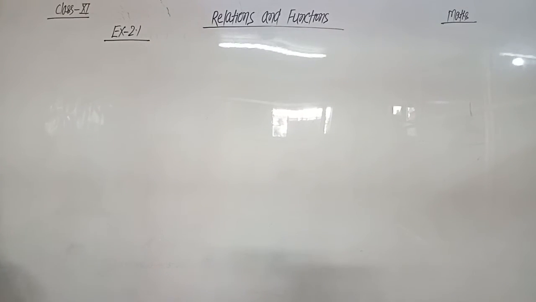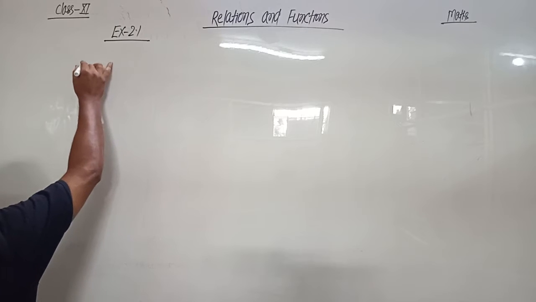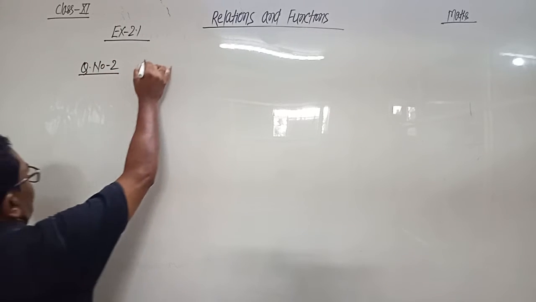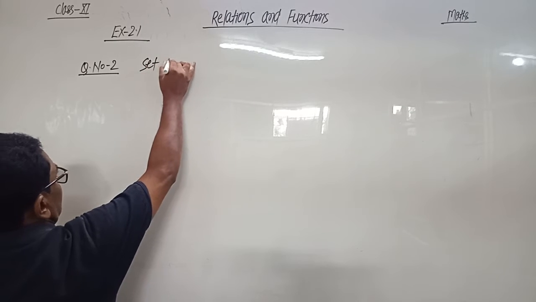Then question number 2. If the set A has 3 elements and set B = {3, 4, 5}.